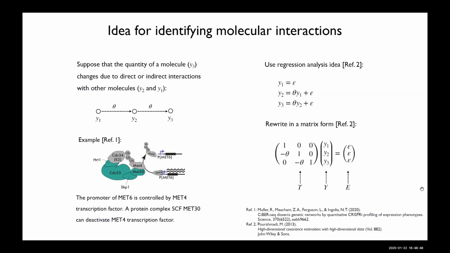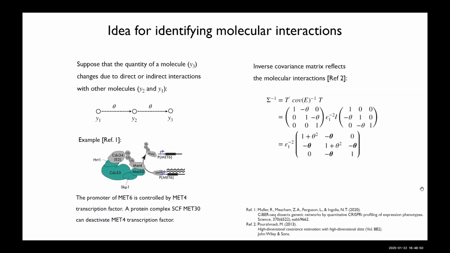And then with the help of matrix algebra, we can easily show that the covariance matrix tells us about what's going on with the molecular interactions in these three molecules. And more in particular, the non-zero off-diagonal elements of the inverse covariance matrix tell us about which genes, which molecules are interacting.